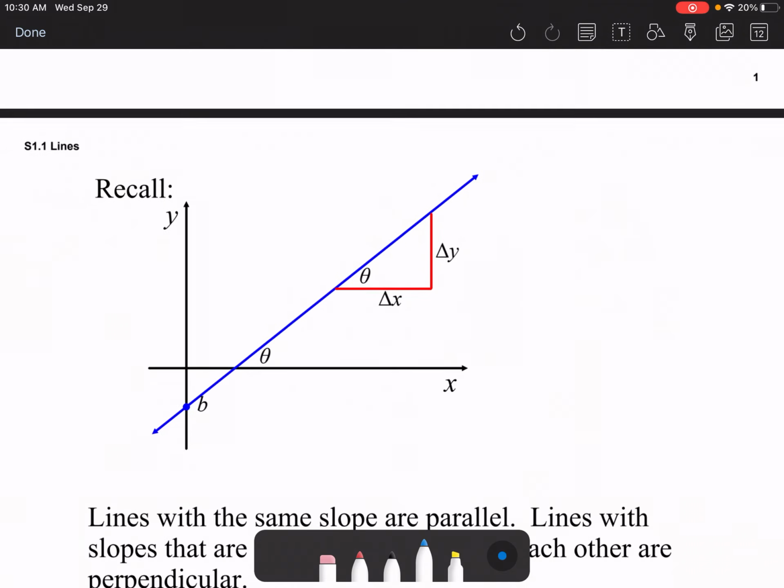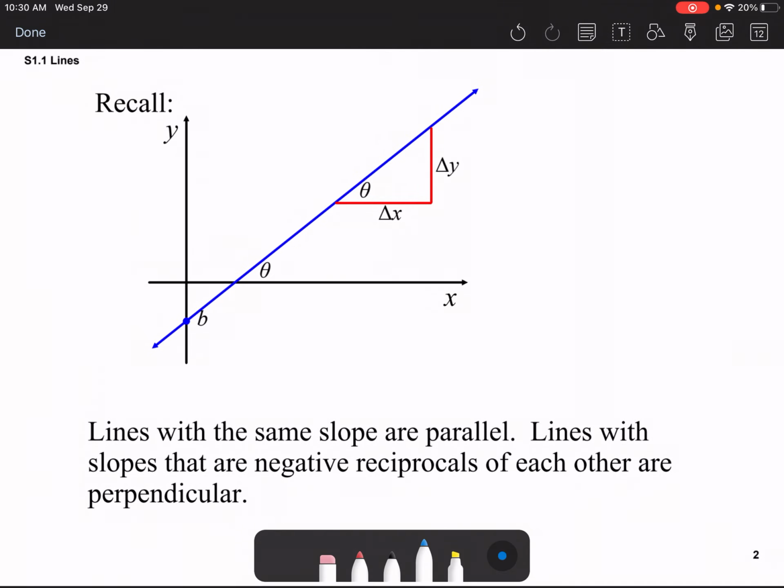Okay, moving right along. Well, recall that lines can be described as usually a diagonal line. You could also have horizontal lines and vertical lines. We'll talk about that in a little bit. But there are many different properties to these things. Lines are usually listed in the form y equals mx plus b if you're looking for it in slope y-intercept form.